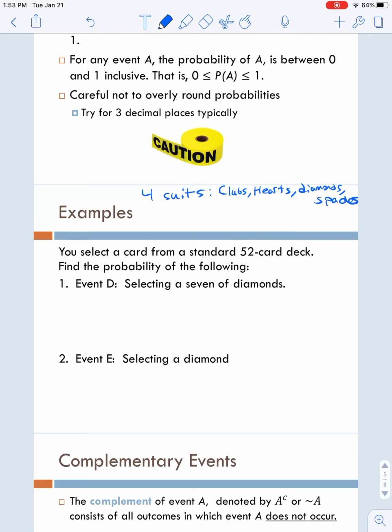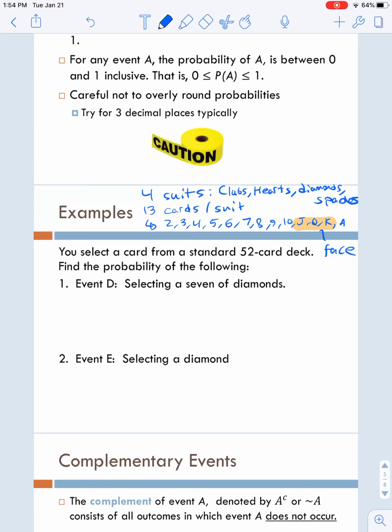So there's 4 suits to choose from, 13 cards per suit, and those cards are 2, 3, 4, 5, 6, 7, 8, 9, 10, Jack, Queen, King, Ace. And Jack, Queens, and Kings are considered face cards. So there's just an idea of what's going on.